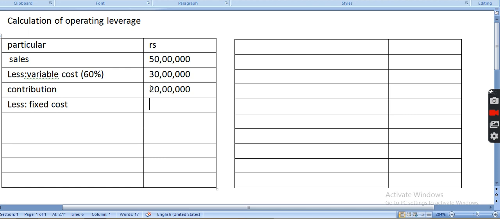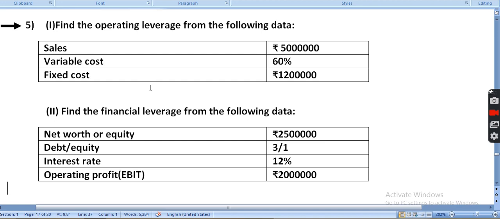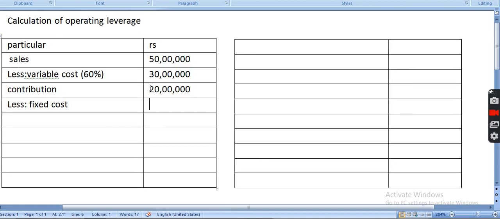Fixed cost is already given, that is 12 lakh rupees. So sales minus variable cost is contribution, minus fixed cost, then you will get EBIT, earning before interest and tax. So 20 lakhs minus 12 lakhs, 8 lakh rupees.